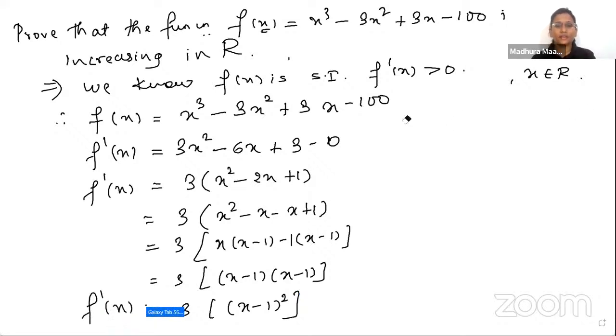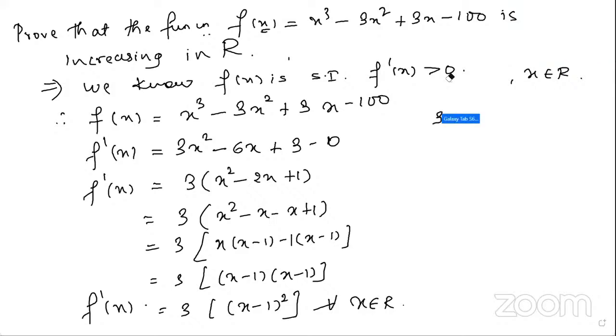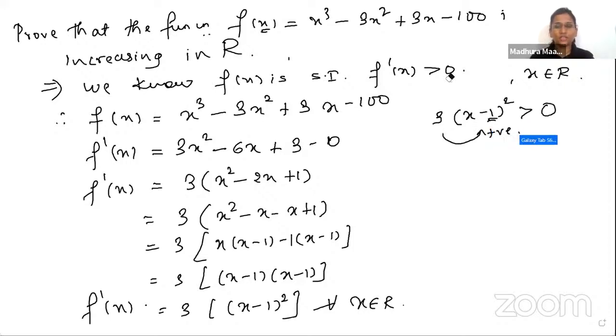Now what are they saying? It will be strictly increasing if f dash is greater than 0. Tell me for any value of x, a square will always be positive or not? Yes, ma'am. Take any value of x, let it be negative, let it be 0, you will get a positive one because it is a square. This is always positive. 3 into any positive number will become positive only, right?